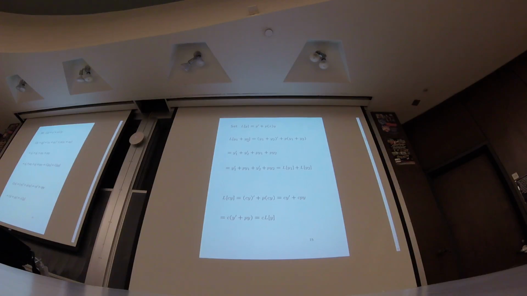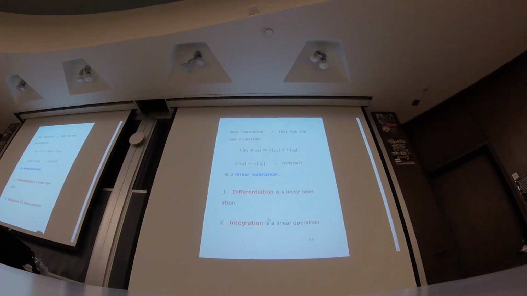L of y1 plus y2 is L of y1 plus L of y2. L of a constant times y is that constant times L of y. So here's the deal. Any operation that has these two properties is a linear operation. Differentiation is linear. Integration is linear. It's a shame that you didn't identify that in calculus.